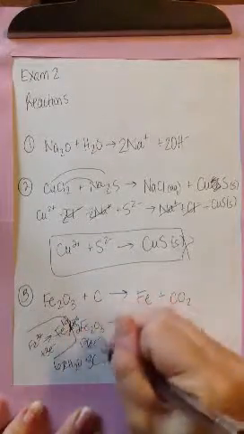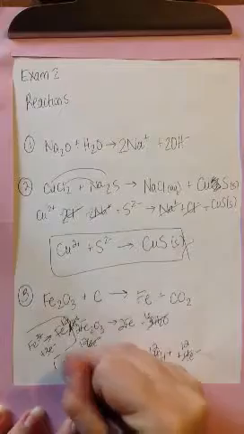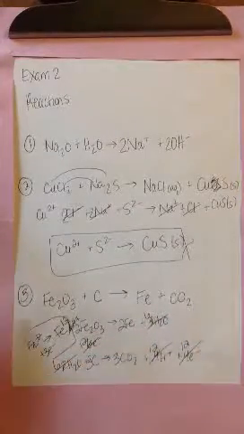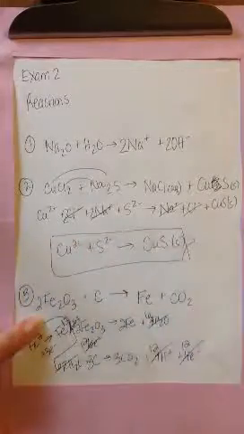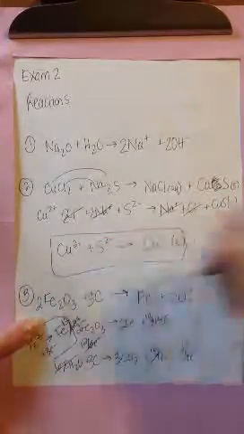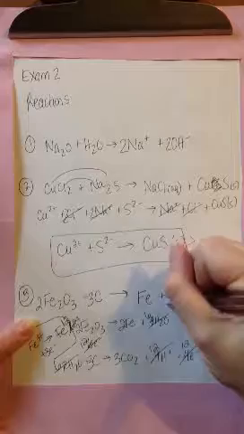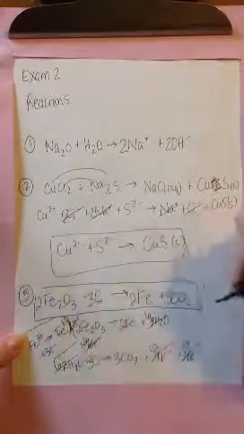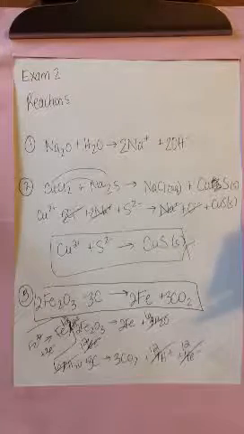My H's, my electrons, and my waters all ended up canceling. So I'm left with 2 Fe2O3, 3 C, 3 CO2, 2 Fe. Now, if you did the one with carbon monoxide, it would be balanced a little differently, but that's still okay.